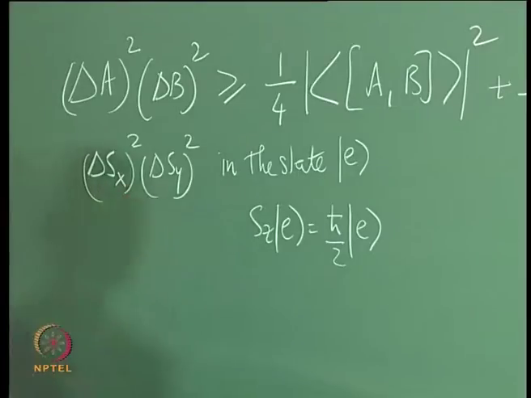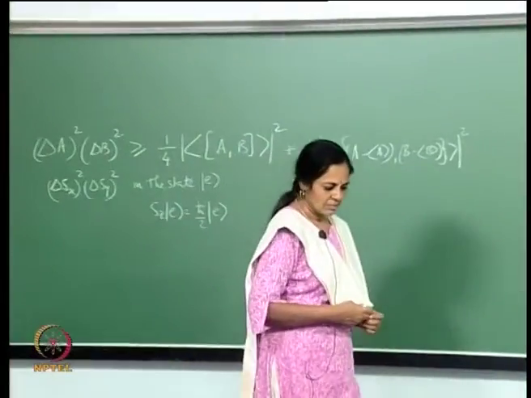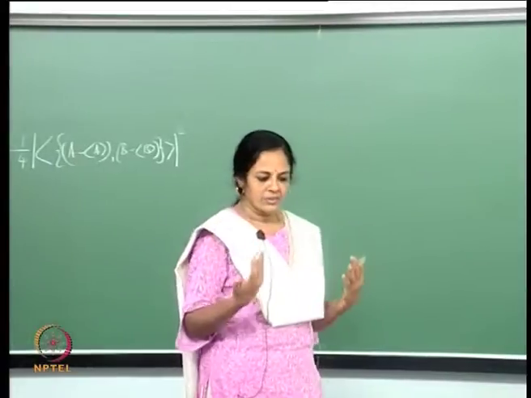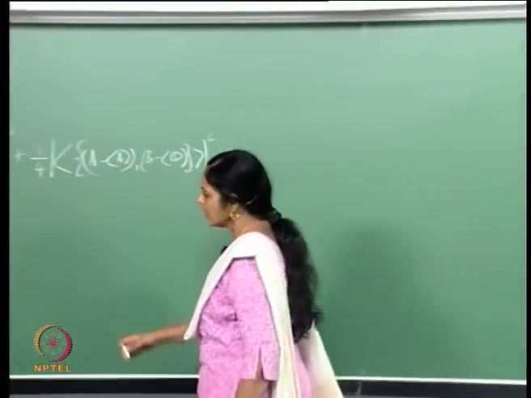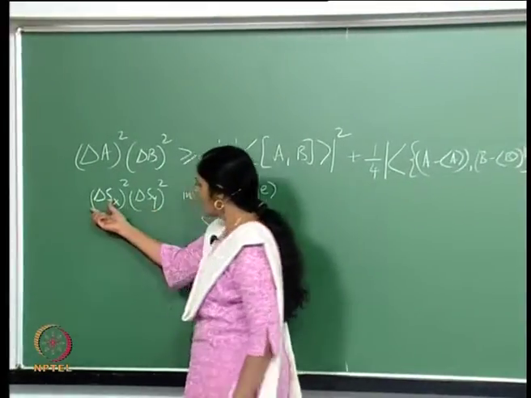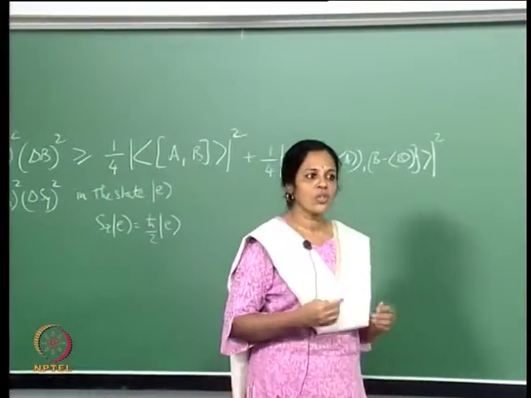We found that this quantity was greater than or equal to a finite non-zero number. That is because the spread in Sy was non-zero and the spread in Sx was non-zero.